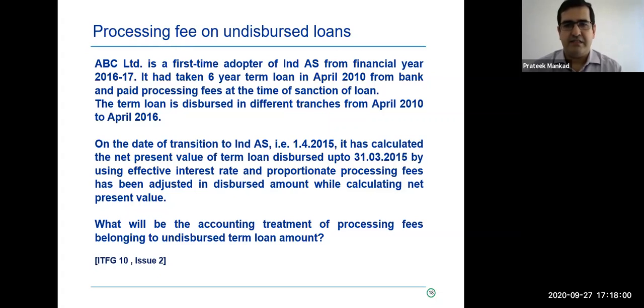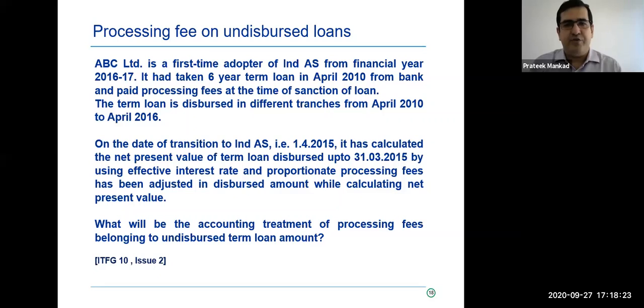The balance unamortized fee of 5 remains at 31 March. What the ITFG does is it gives us guidance on how to deal with this. This is subjective. The ITFG suggests you have to make an assessment as to whether the drawdown is going to be likely or not.